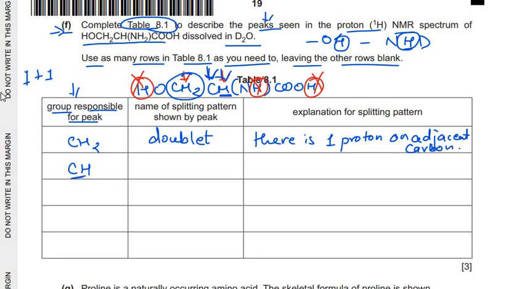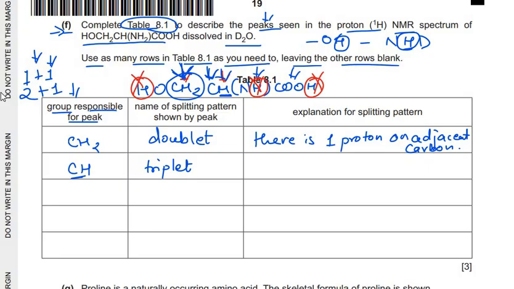Now with CH, on the other side we have NH2 and COOH. There is no carbon carrying a proton directly. So again there is only one carbon carrying protons, and that carbon has two protons. So 2 plus 1 peaks are shown, so we have triplet splitting. The splitting is always the number of protons at the adjacent carbon plus 1.